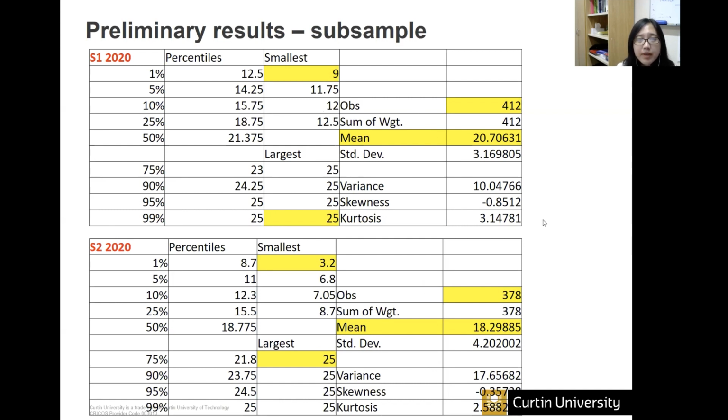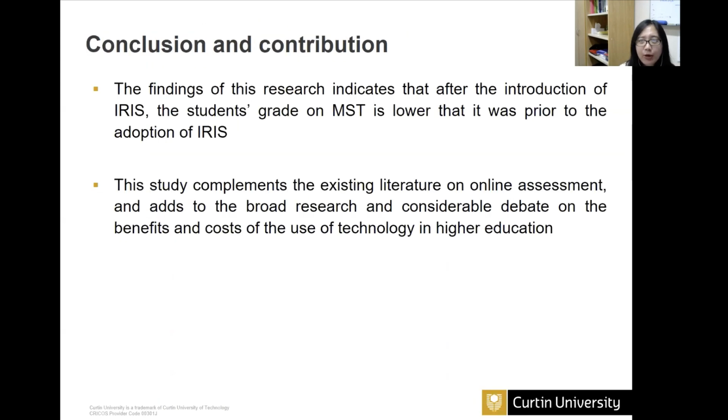From this preliminary result, we can see that after the introduction of ARIS, students performed worse than before ARIS was introduced. This is just a preliminary finding: after the introduction of ARIS, students' grades on the mid-semester test are lower than they were prior to its adoption. In a future study, we will dig deeper and explore the potential reasons for this finding.